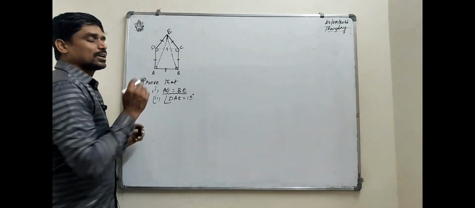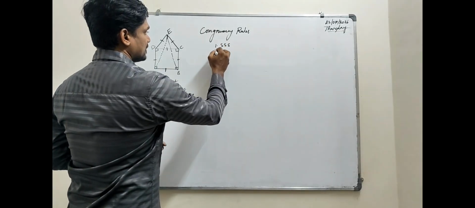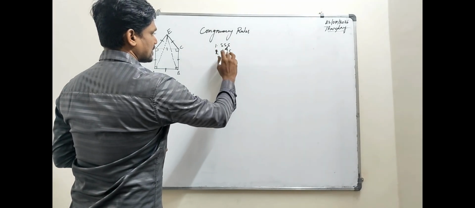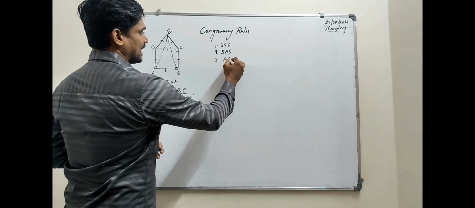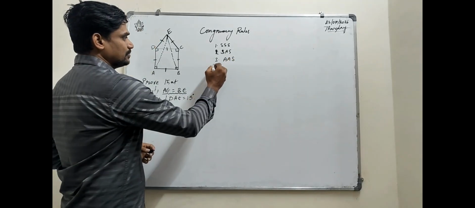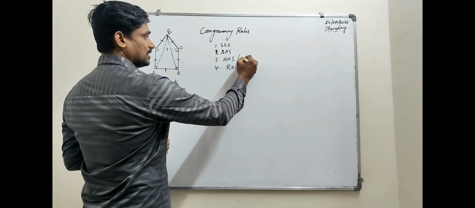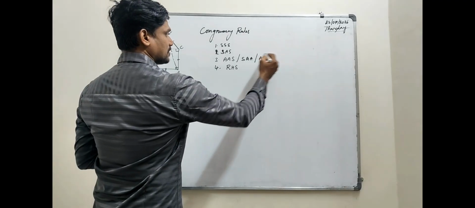Now, what are the congruency rules we have? SSS, SAS, two angles and a side, and fourth, RHS. SAA also, RASA also, all are the same here.